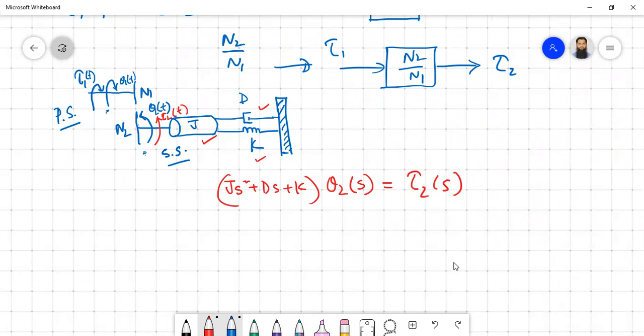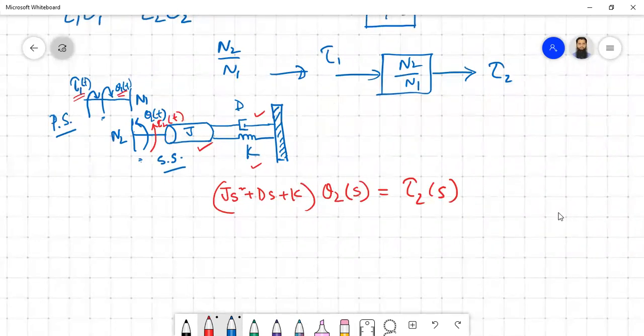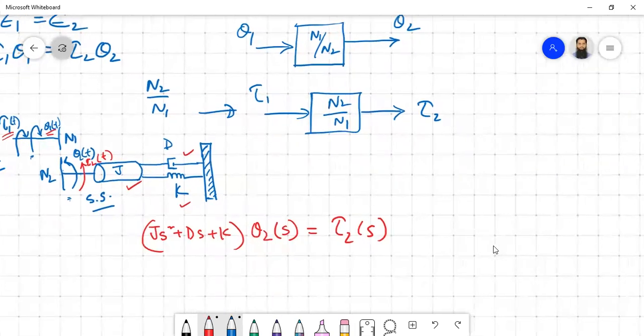That means we have to find the relation in terms of tau 1 and theta 1. So just replace those using the transfer functions that we have figured out here. Theta 2 is basically theta 1 times n1 by n2, so n1 by n2 times theta 1(s). Similarly, tau 2 can be written as n2 by n1 times tau 1(s).